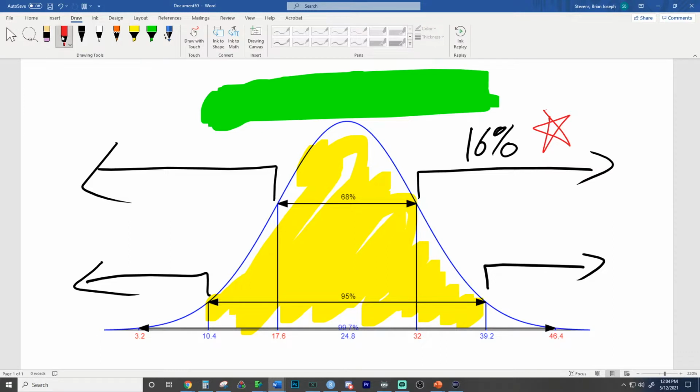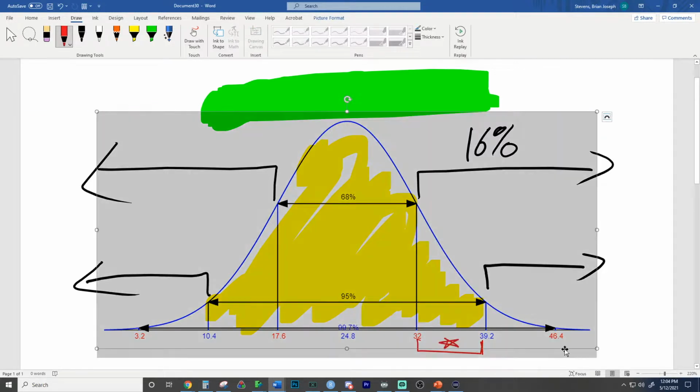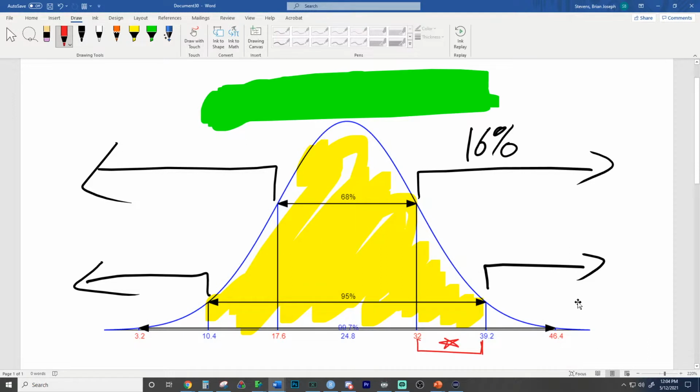Because we're interested in this right here, which we will find in just a little bit. What percent of area has Brian highlighted in yellow? Only focus on this yellow area right now, which is given to you.